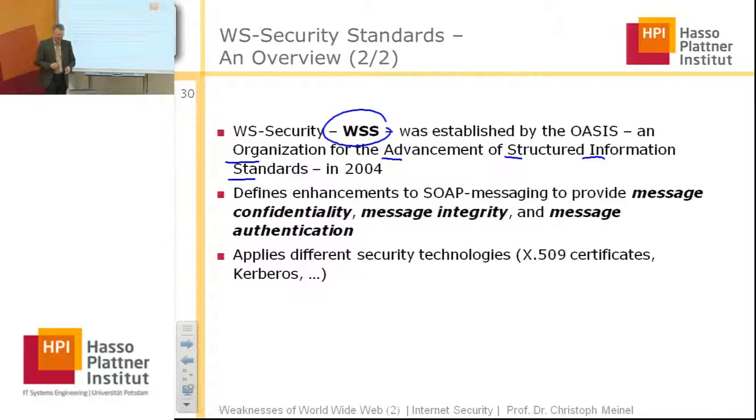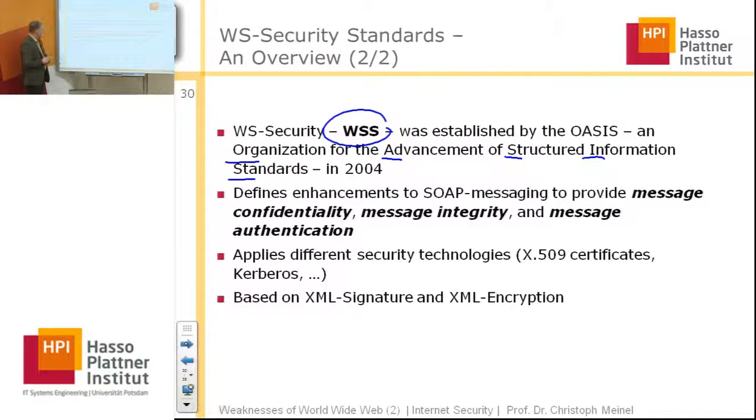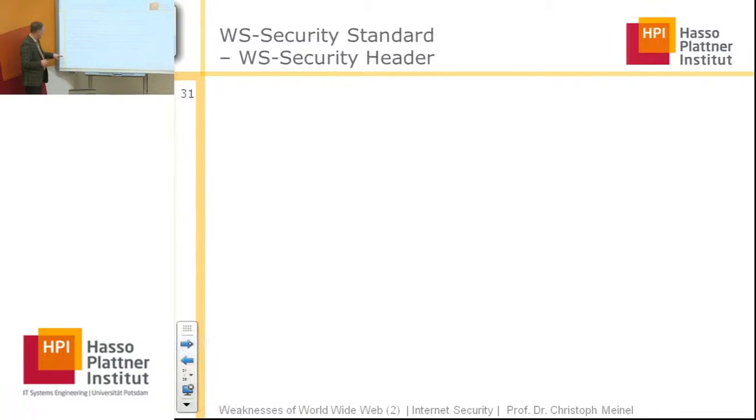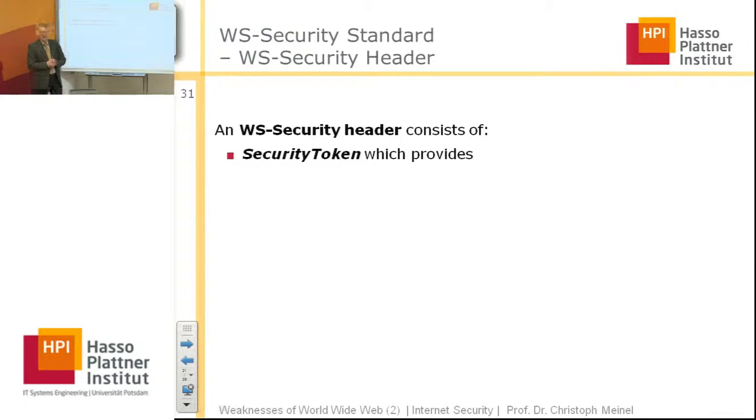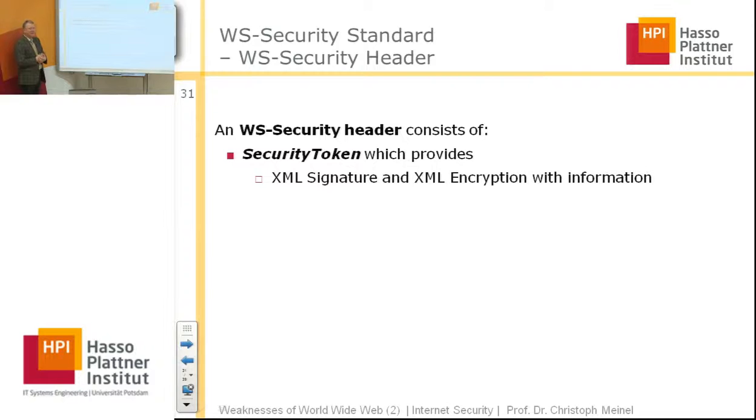The standard applies different security technologies. So for example, X.509 certificates or Kerberos, and it is based on XML signature and XML encryption, the security mechanisms coming with XML. So a web service security header consists of security tokens. Security tokens provide the XML signature and the XML encryption with information.